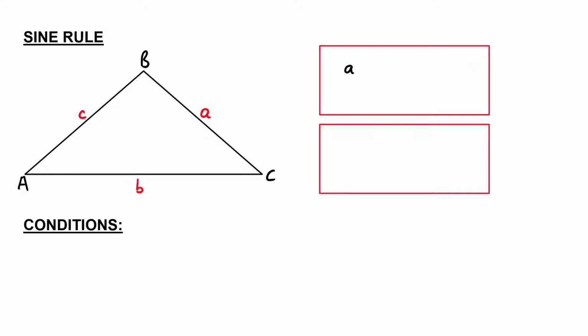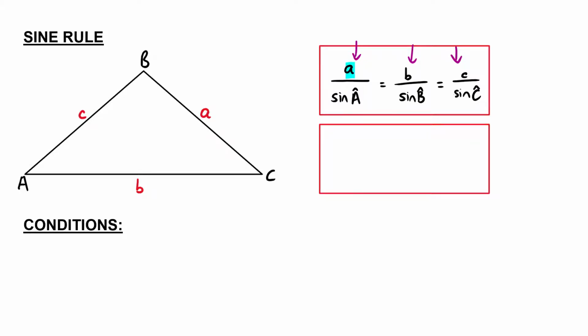But the sine rule is given to us as one of two ways. Firstly, it can be given as a over sine A is equal to b over sine B, which is equal to c over sine C. Just a couple of things to take from the formula quickly. Do you see that in every piece between the equal signs, we have the same letter?